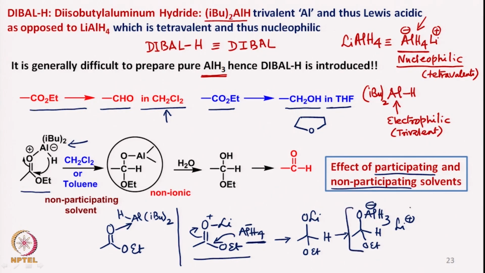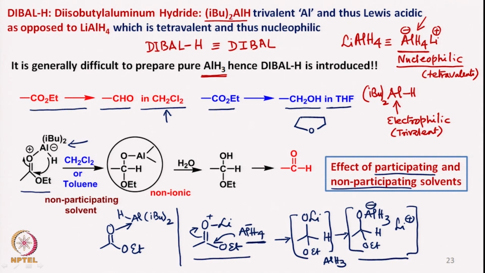This is the intermediate formed starting with this, where you have an AlH3 here. So, this particular intermediate is an ionic intermediate.